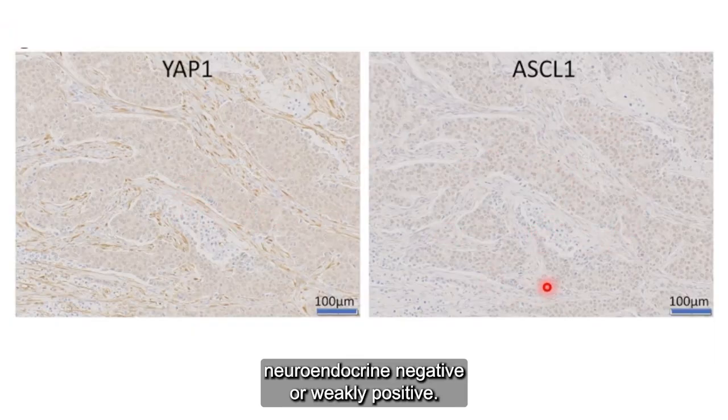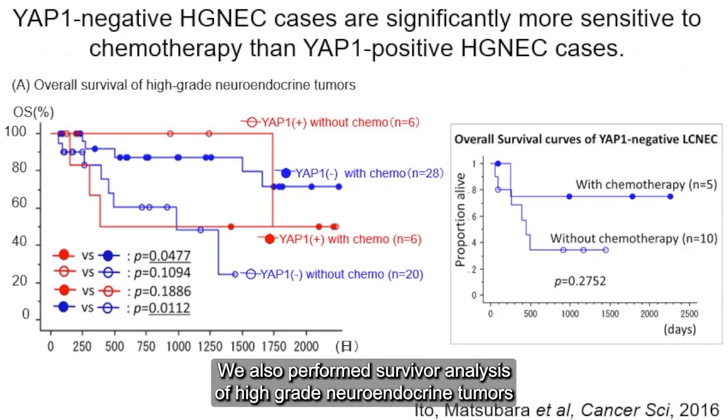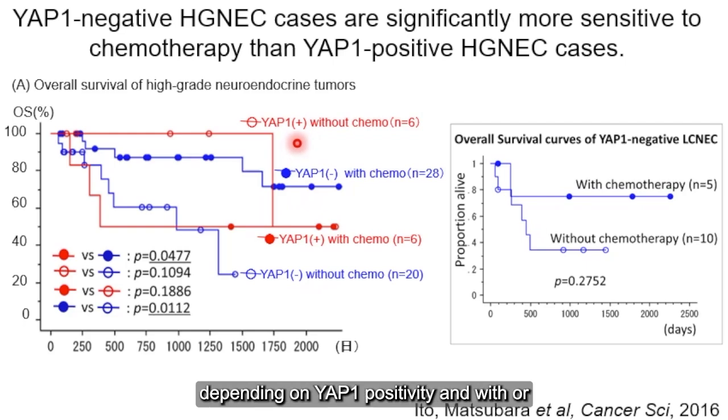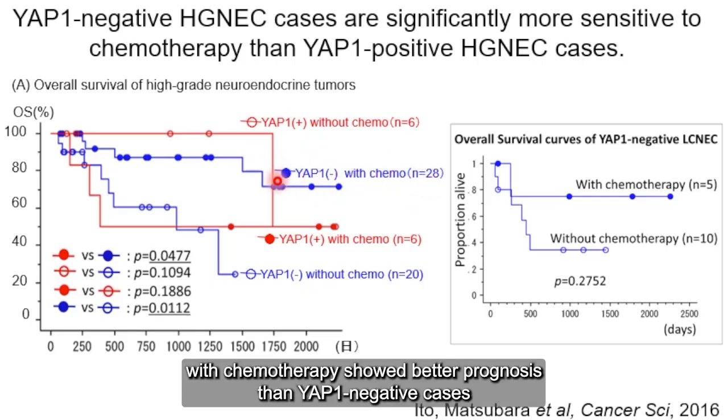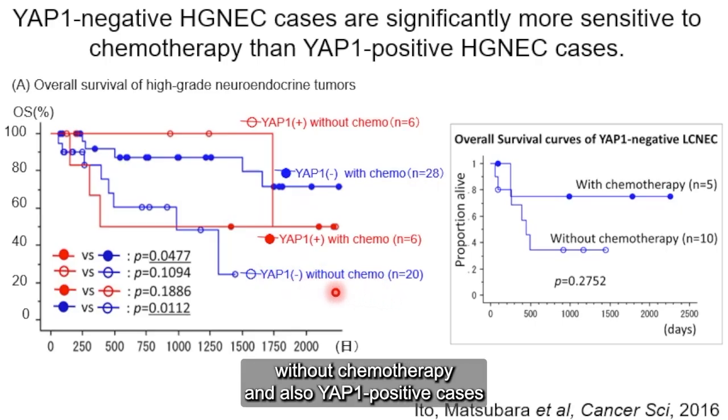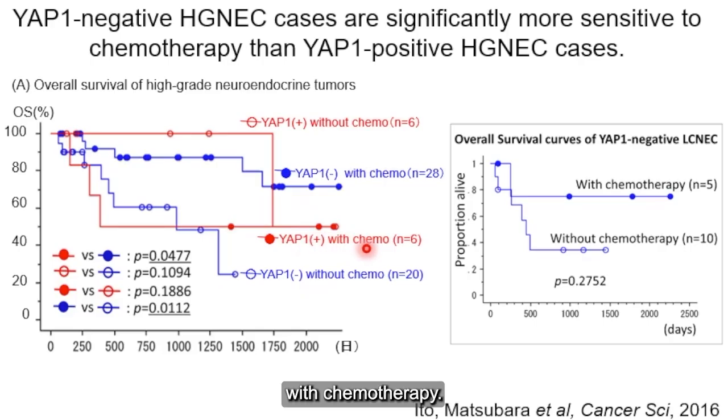We also performed survival analysis of high-grade neuroendocrine tumors, depending on YAP1 positivity and with or without chemotherapy. YAP1-negative cases with chemotherapy showed better prognosis than YAP1-negative cases without chemotherapy, and also than YAP1-positive cases with chemotherapy.